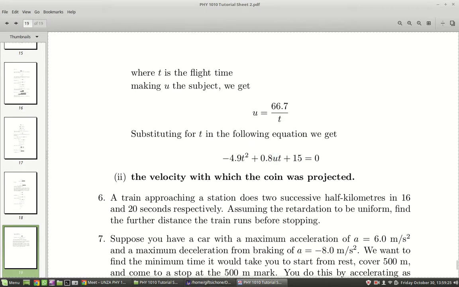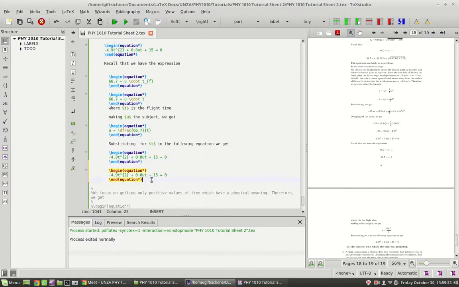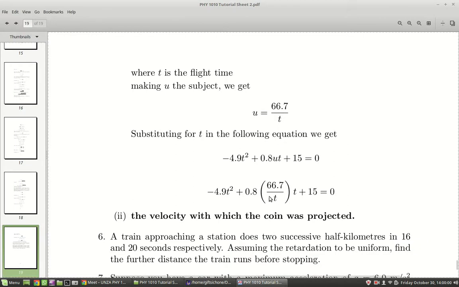We replace it with this. So we got t like this.